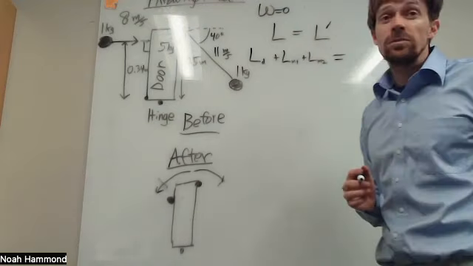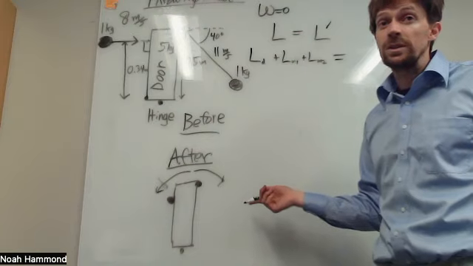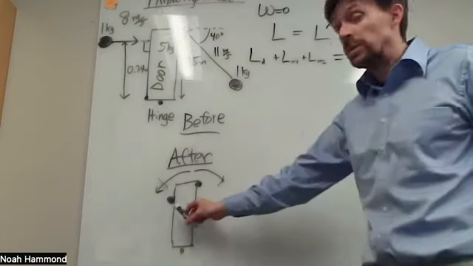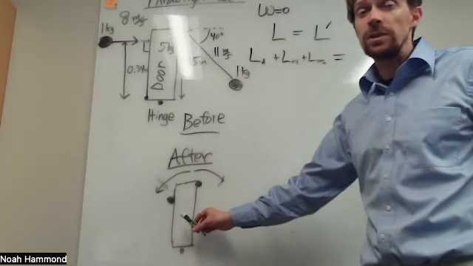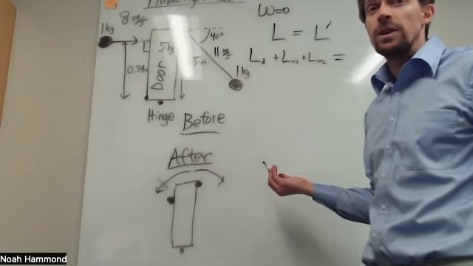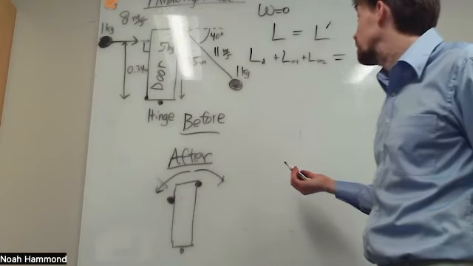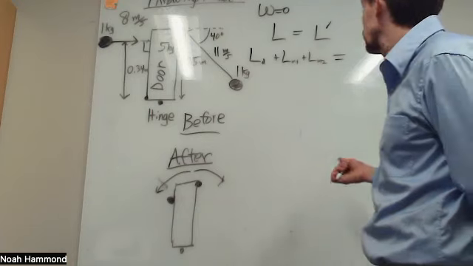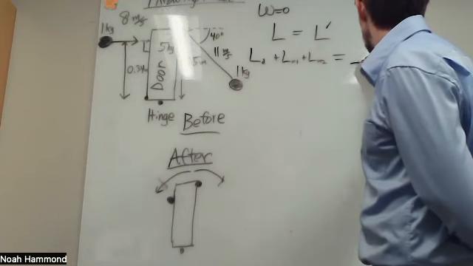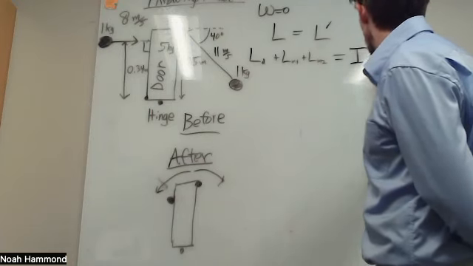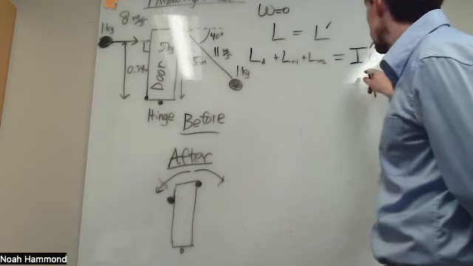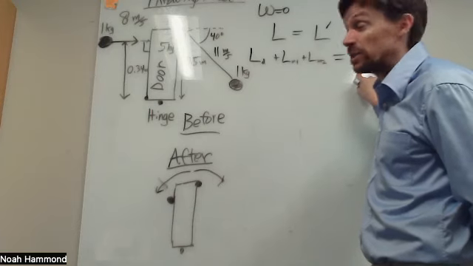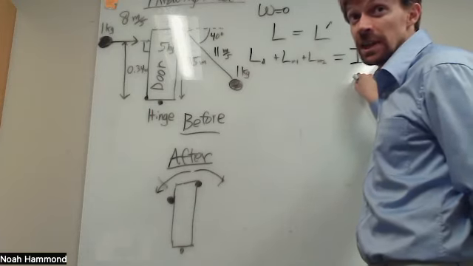And afterwards, it's all one system, and we're going to think about the angular momentum of this thing afterwards. Angular momentum is moment of inertia times the rotational velocity. But maybe our moment of inertia of the door has changed, because we added point masses to it. So we'll have to think about that in just a minute.